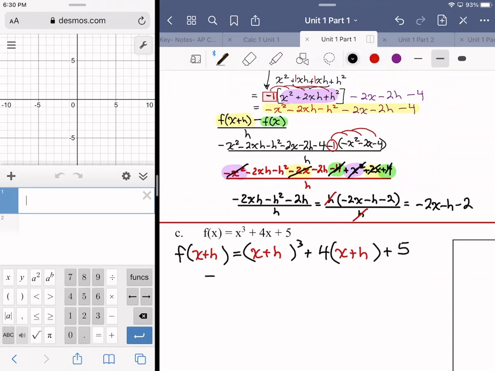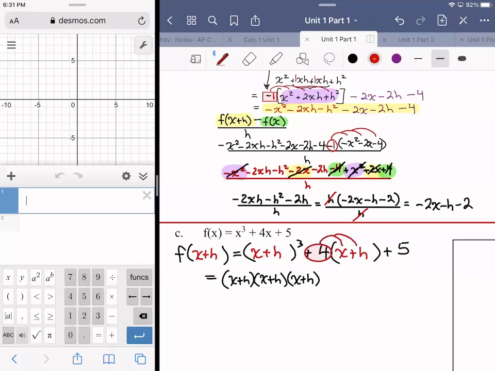So there's two ways to handle this. One way would be to say, all right, I'll take that x plus h and multiply it by itself 3 times. Well, multiply it by itself twice because itself counts as one of them, but 3 factors in total.